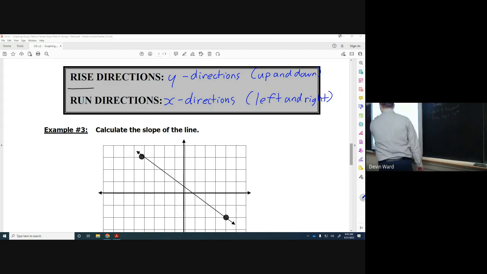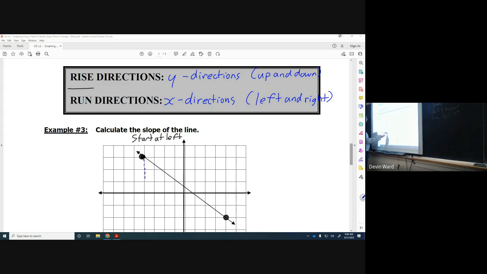Always start at the leftmost point and go to the rightmost point. Do you want to do rise or run first? Rise. Okay, so I'm starting here, and I have to go down to here.